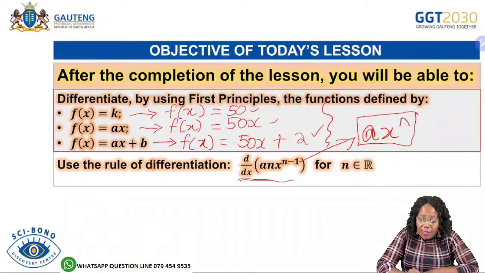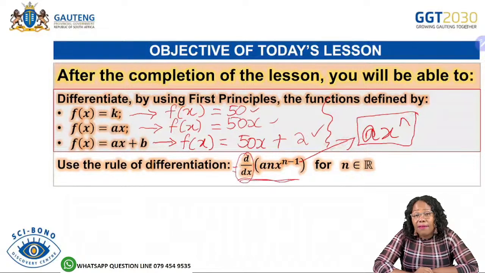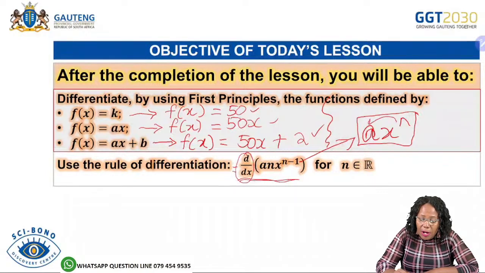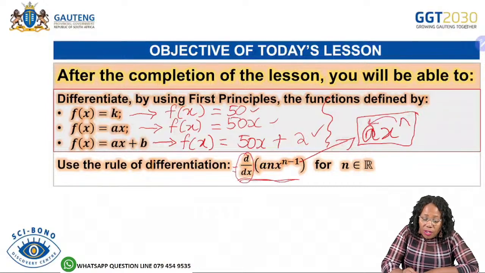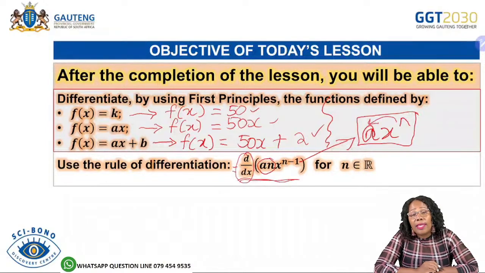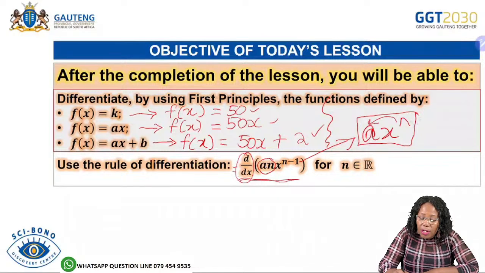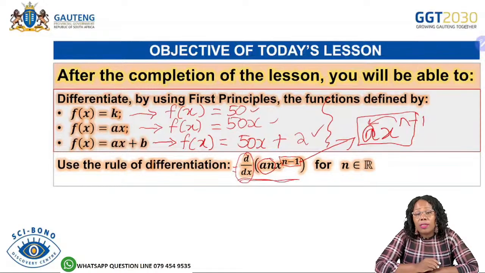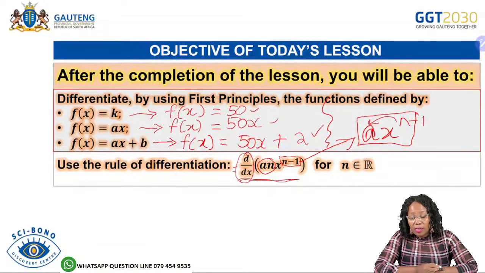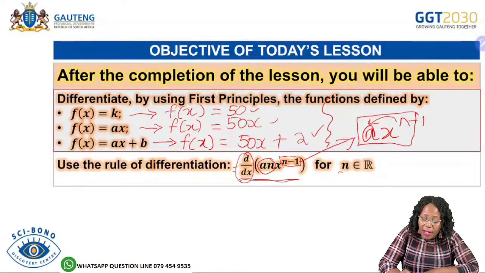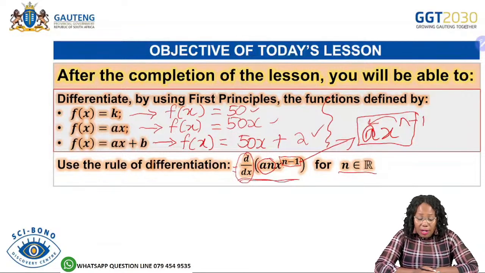So this rule says that you indicate by this notation here that you are deriving, and then you take the exponent and multiply by the coefficient. As you can see now, you end up with an a n there, and then from your exponent you subtract 1, for which n is an element of the real numbers. So that is the application of the rule of differentiation.